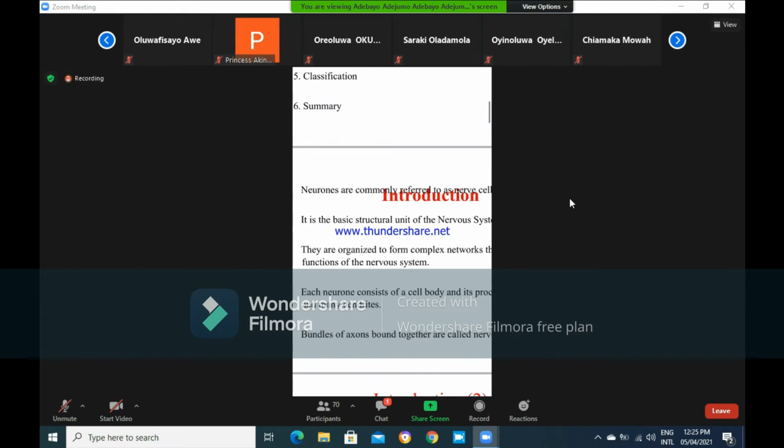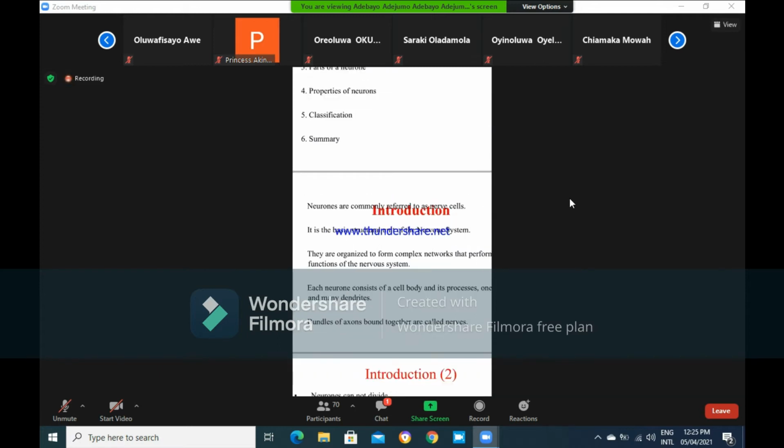Neurons are commonly referred to as nerve cells. Of course, you know, for you to have an organism, we need to have the most rudimentary aspect of living beings, which is the cell. A combination of cells will make up tissues. A combination of tissues will make up organs.